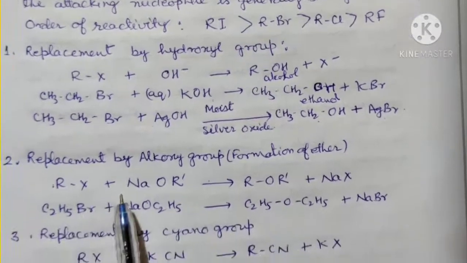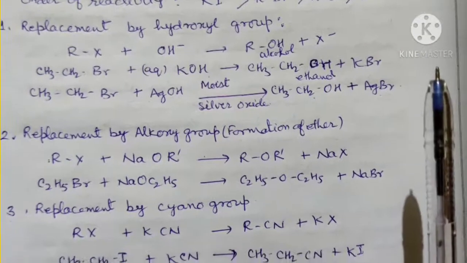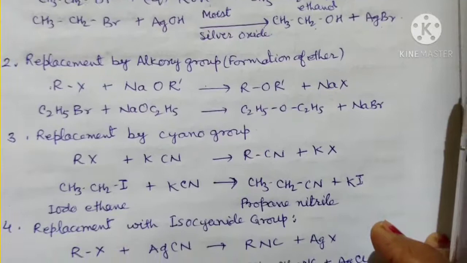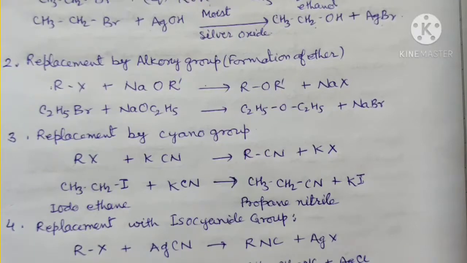Now the second is replacement by the alkoxy group. In this nucleophilic substitution, the halogen atom is substituted by the alkoxy group, and the product formed is called an ether. The name of this reaction is Williamson synthesis.